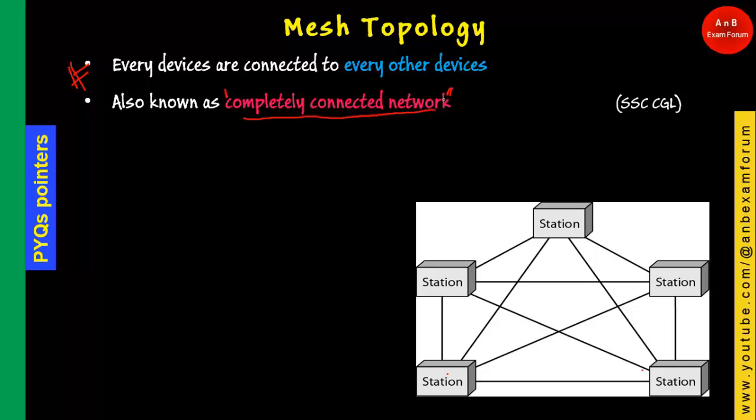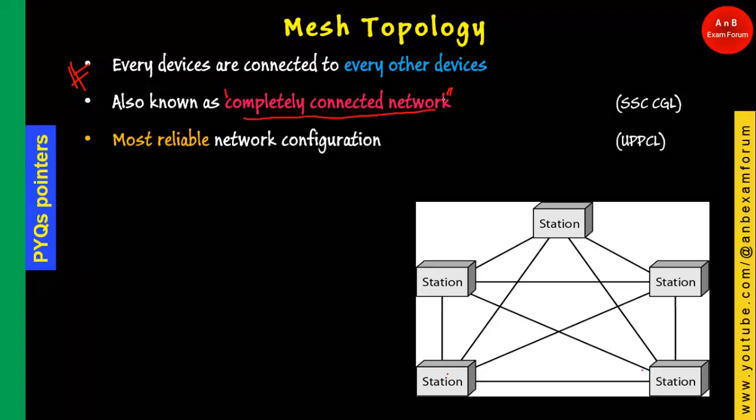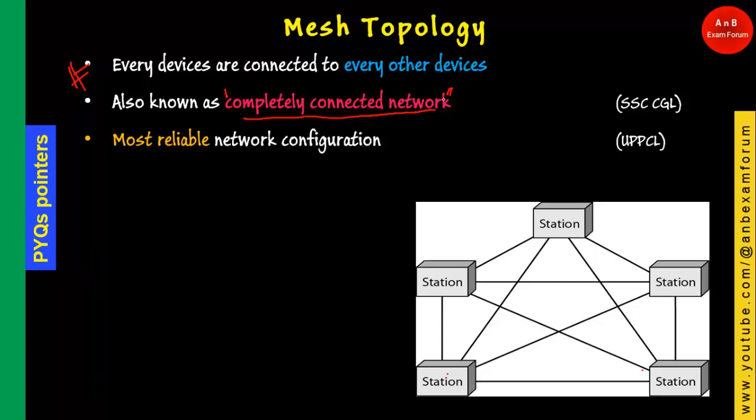And it is the most reliable network configuration. Why is it most reliable? Suppose one link is broken, this channel or this wire is broken. Even though this channel is broken, this station can send the message to this station via some other route. In this way it becomes a reliable network configuration.